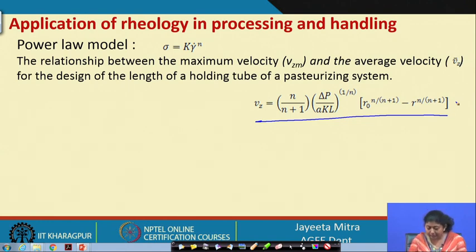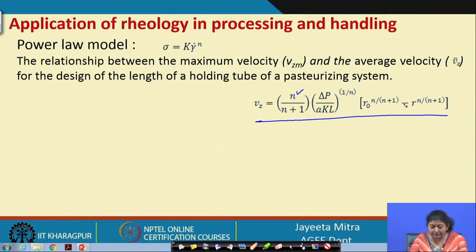So, what is the important part here? That we have got the expression of velocity in terms of this n, where this n will differ for different fluid food, right. So, now we can get this expression of Vz, and R0 and r are known to us.